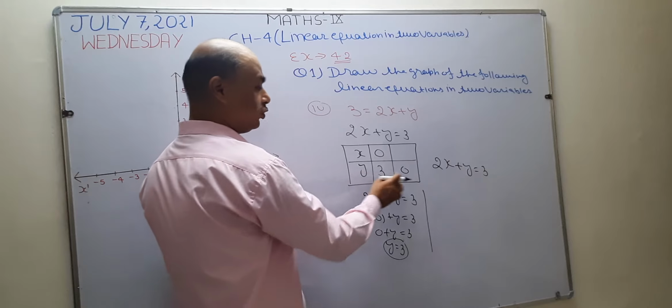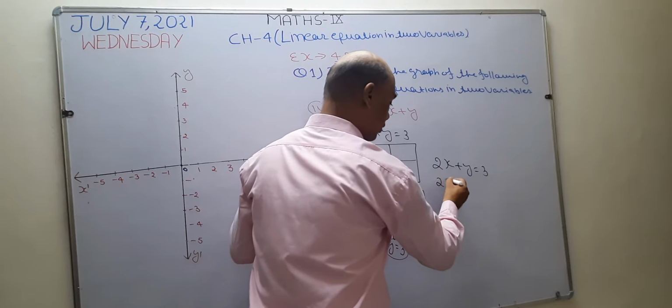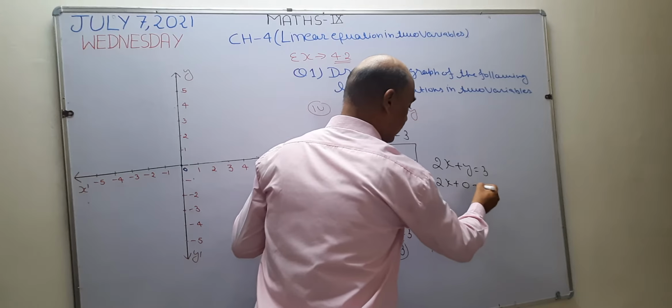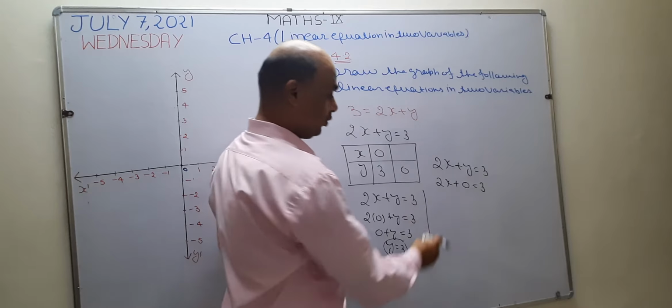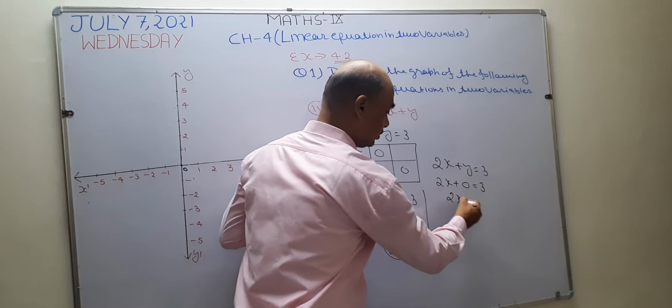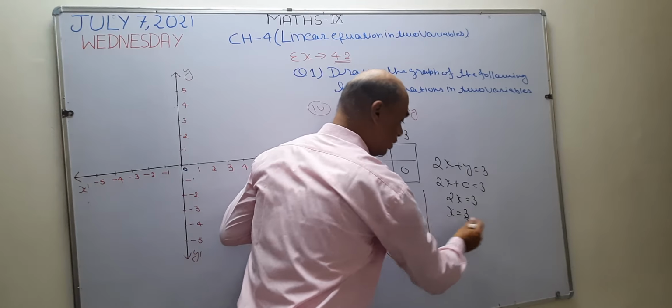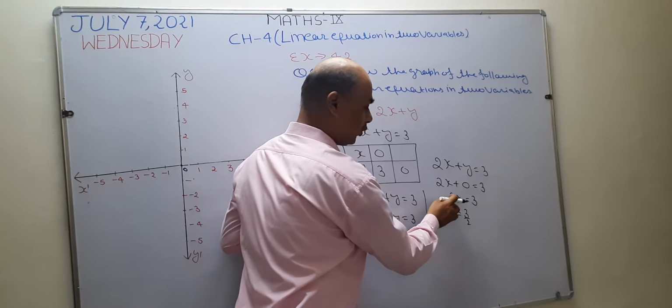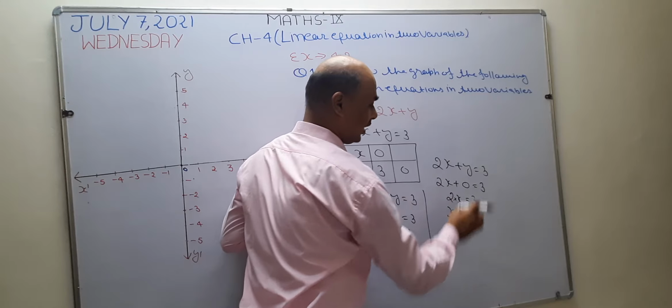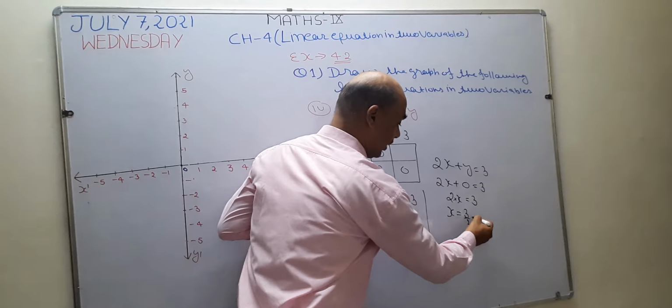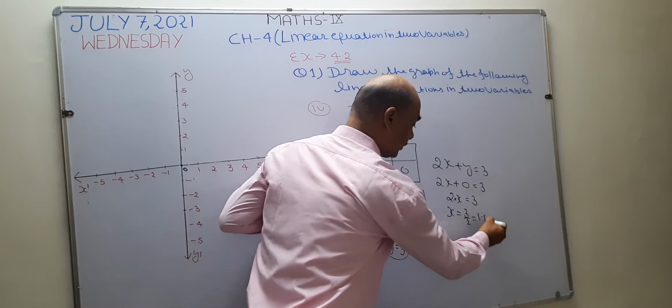Now the second time I want to take y 0. So I want to write 0 instead of y. Okay. Now 2x plus 0 is 2x, which is equal to 3. So the value of x becomes 3 by 2. When I take this number 2 from left to right, it goes into the denominator. Now when we divide 3 by 2, this becomes 1.5.